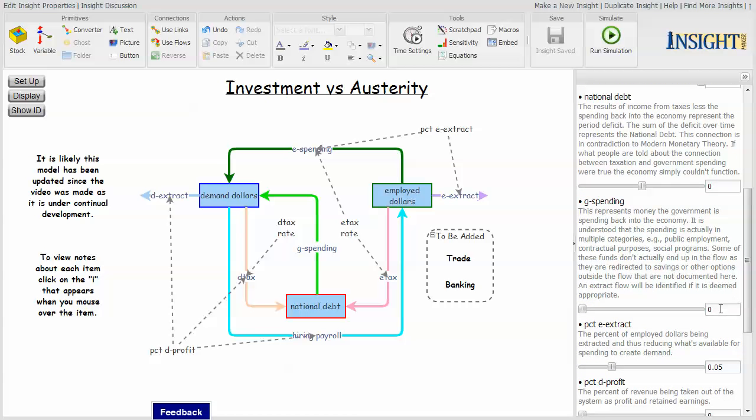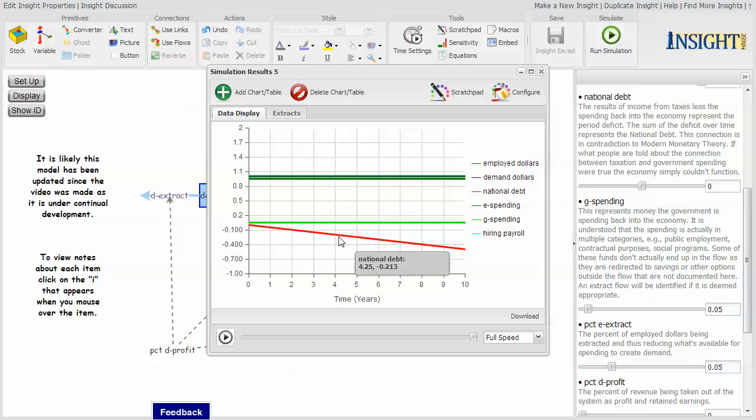We'll go ahead and make that the same as what's being saved, and run it again, and we'll notice that the economy has in fact been restored, but every year there's deficit spending, in that the government is spending money that it doesn't have back into the economy to maintain the economy.